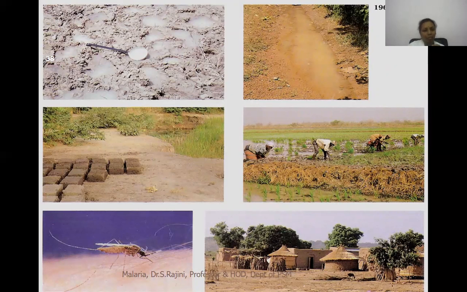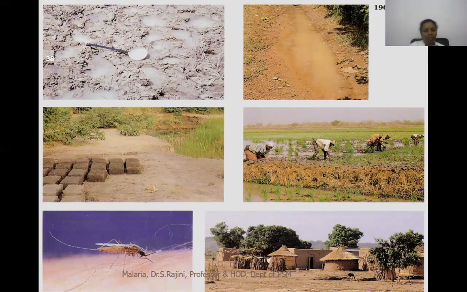Small stagnation of water also is a place for mosquitoes to breed. Mostly agricultural lands where paddy and other crops are grown, where there is stagnation of water throughout the field.